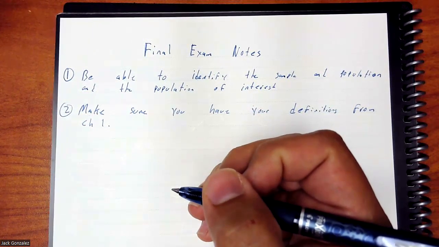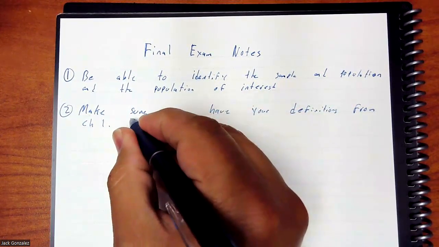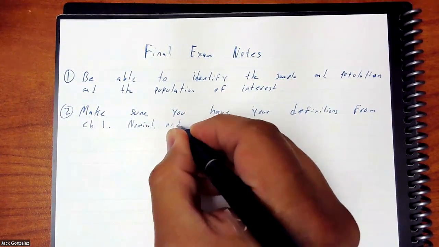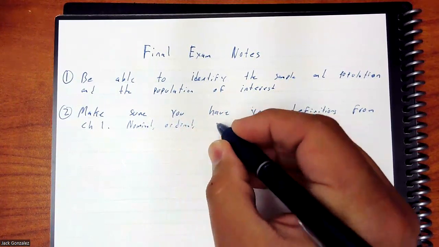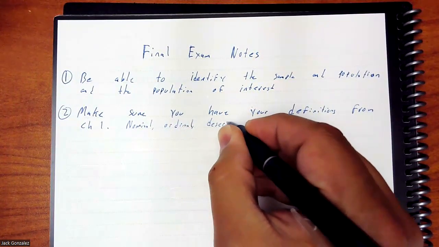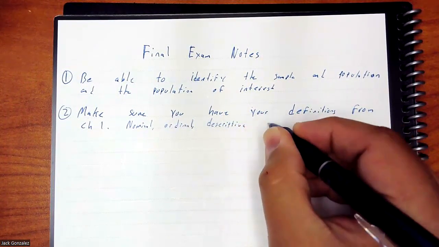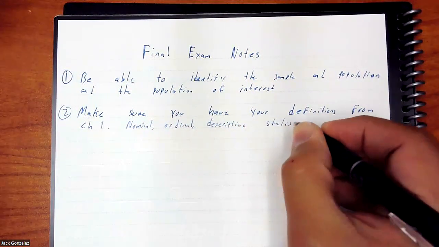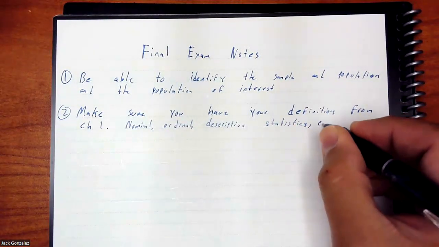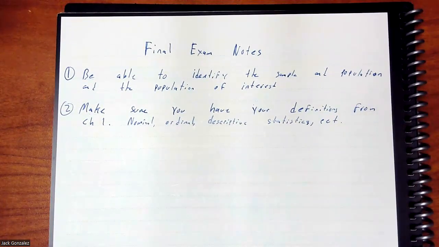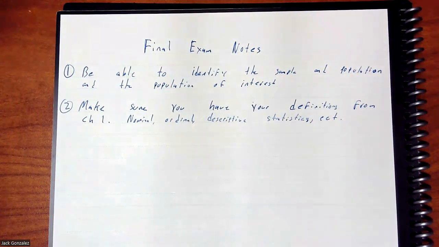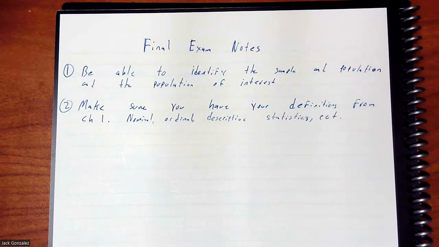There's like a bunch, like nominal, ordinal, descriptive. I'm just giving you a couple. There's a lot of them, etc. So you want to put them all on one page, just have all definitions that you remember being quizzed on, chapter 1. That should be good.